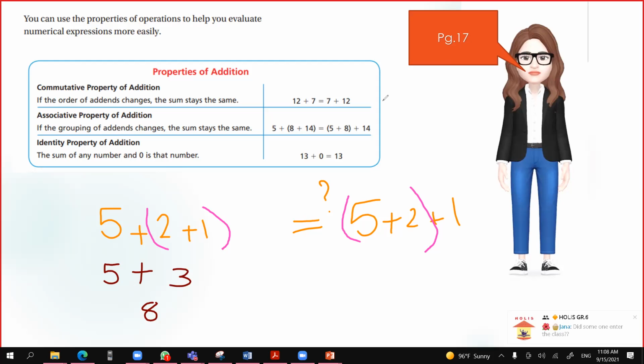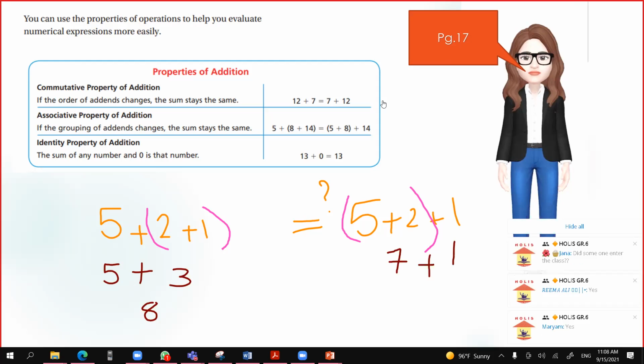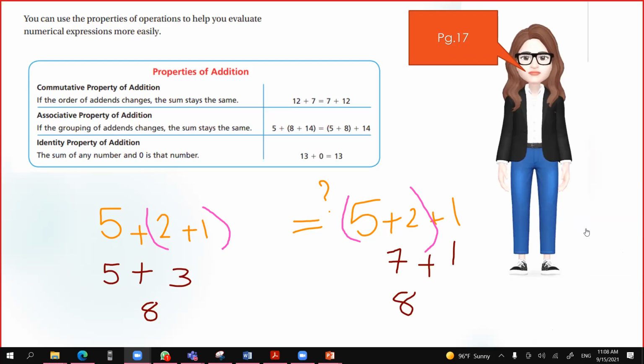But the second one here, 5 plus 2 is 7, 7 plus 1 is 8. So now look at here. When I change the group of the addends, the sum still stays the same. Is it okay? Got it?